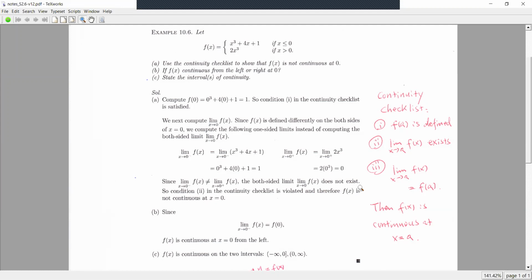When x approaches 0 from the right, we have a different limit. So the both-sided limit doesn't exist. Therefore, condition 2 is not satisfied. Therefore, the function is not continuous at the point 0. Actually, at the point 0, the graph of the function has a jump.